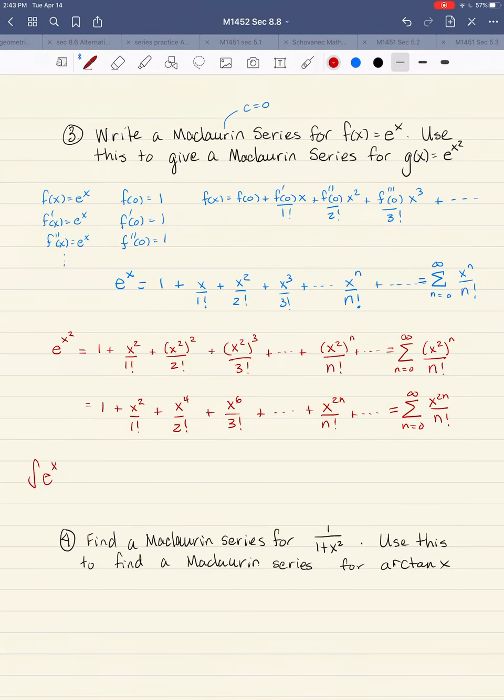Now think about how hard it is to, say, integrate e to the x squared. Can't do it, not in closed form. But we know that on its interval of convergence, we can integrate a power series term by term. So we can just integrate term by term.